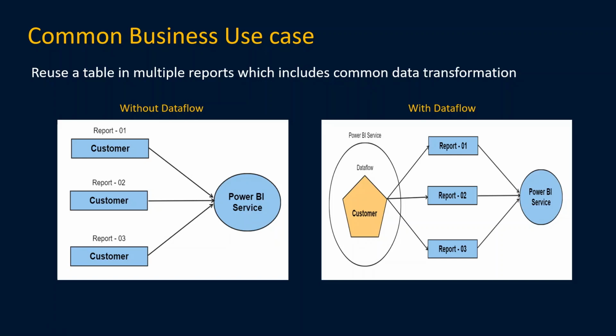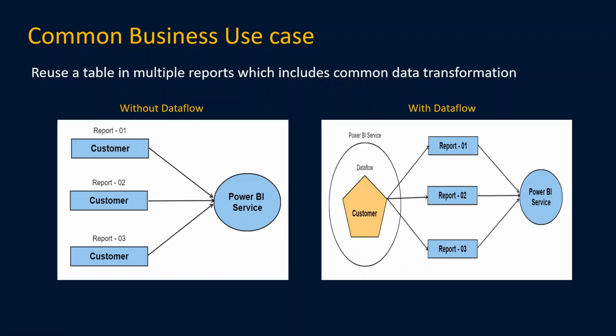Okay, and that's what is happening in this particular diagram. If you take a look at report 1, 2, and 3, it's similar. We are connecting to that data flow and getting the customer table in each and every report, right? And once the report is ready, we are publishing the report into the Power BI service. So the improvement we have made is at the customer table level, right?